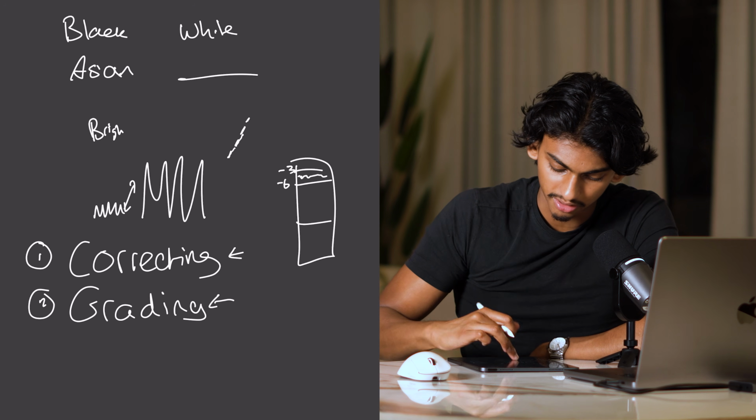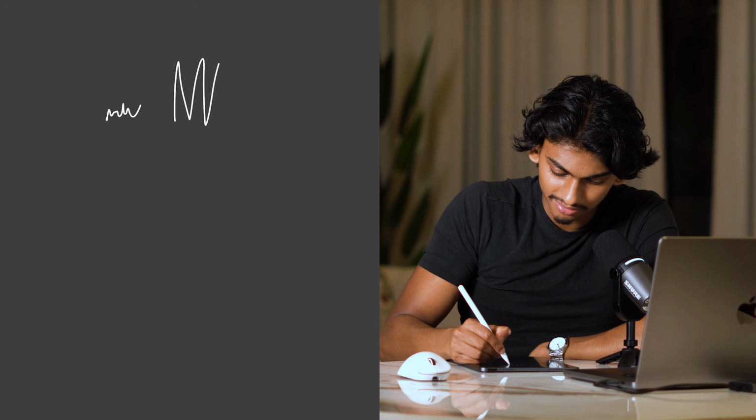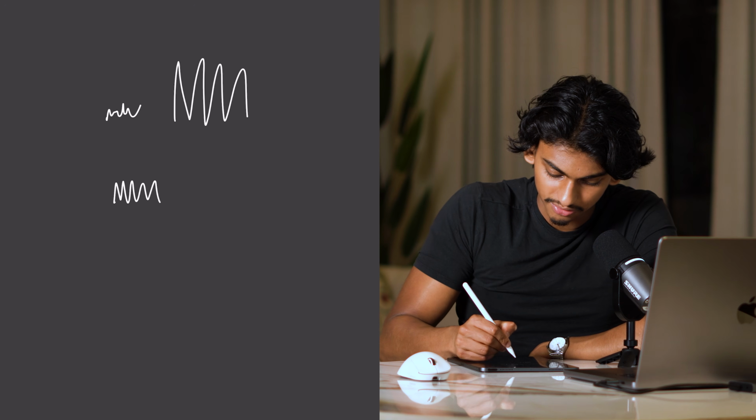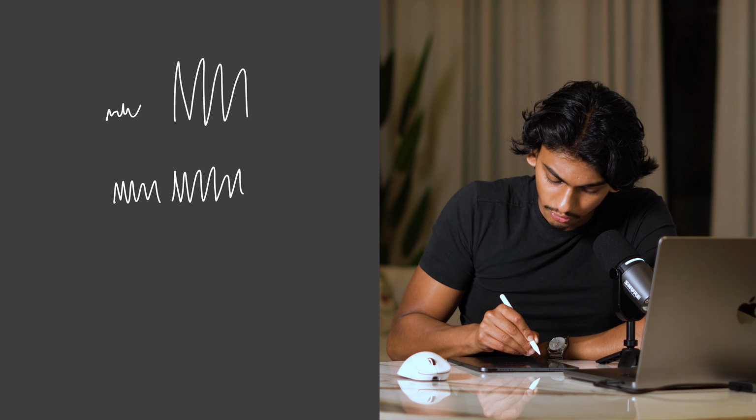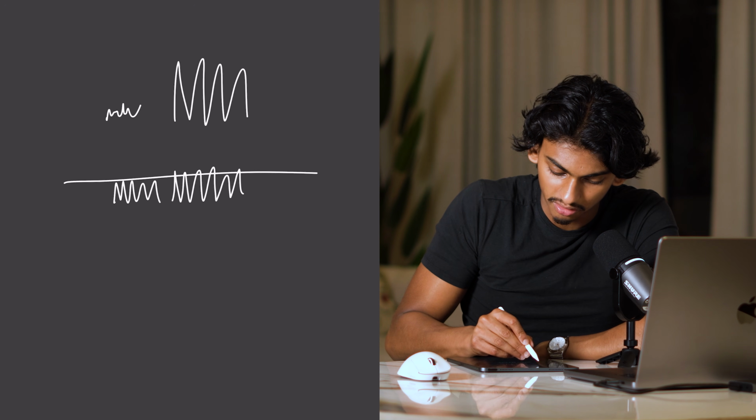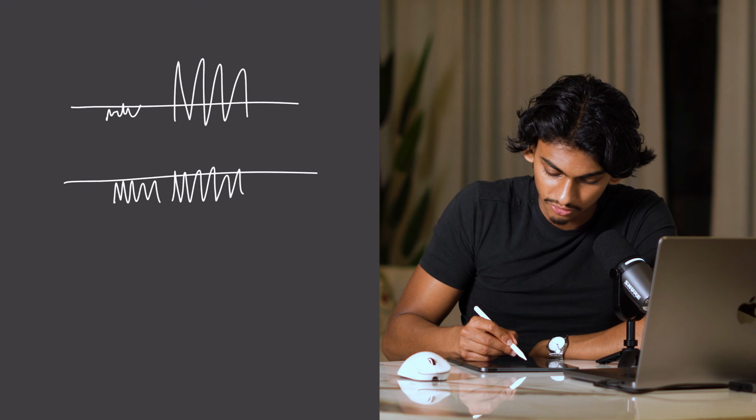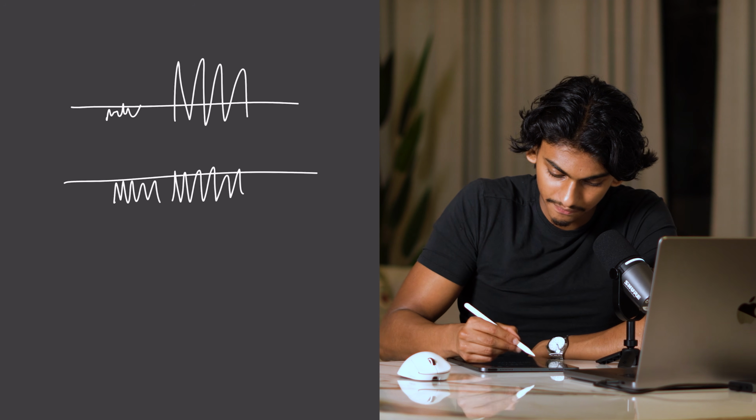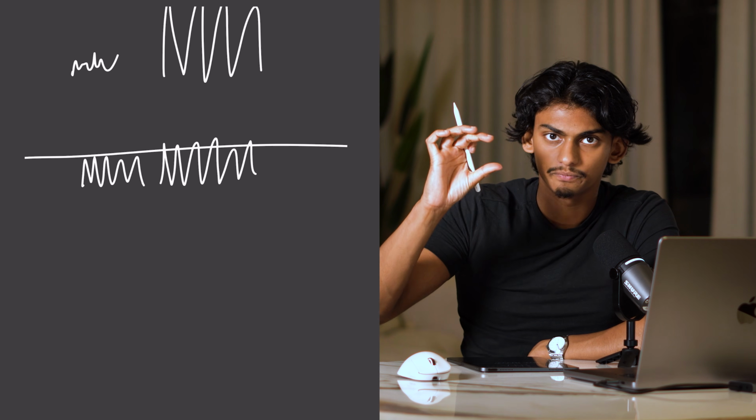So instead of it being like this and this, it would even them out, like this and this. That way, a viewer can have it at this level and it sounds fine, compared to them having to set it here, and now this one's too loud, but if they set it here, now their volume's too quiet. So in order for the viewer experience to be as good as possible, we use a compressor to get the dynamic range of the audio into a nice range.